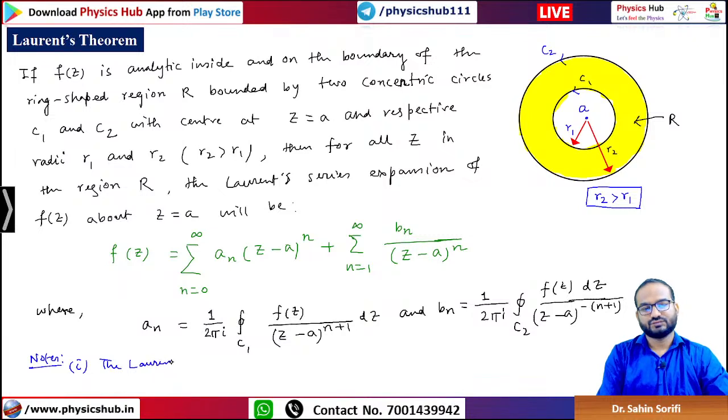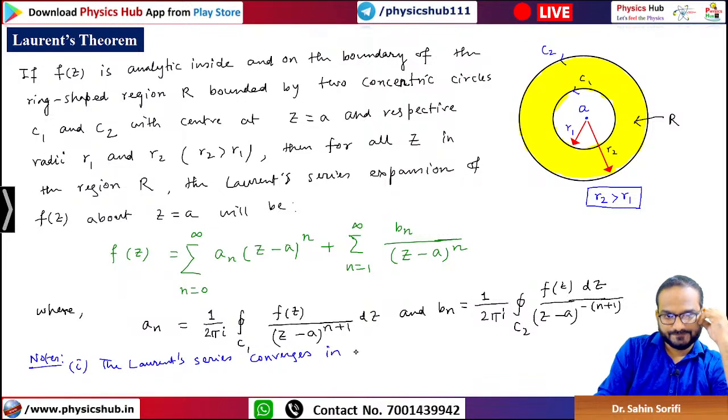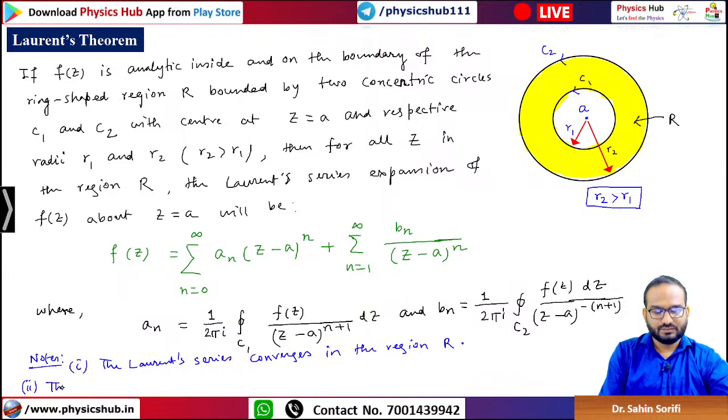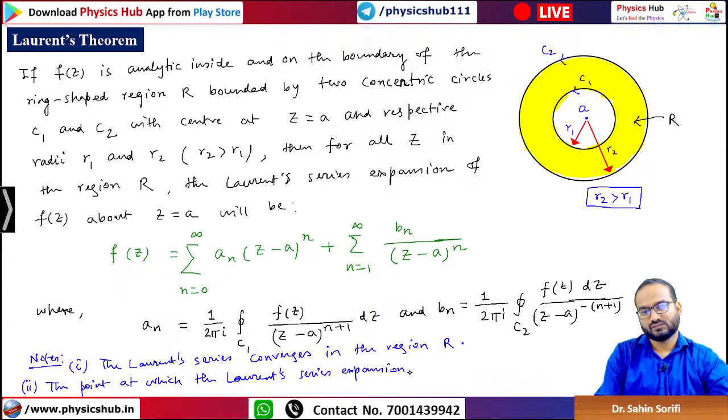The Laurent series converges in the region R. And number 2, the point at which the Laurent series expansion is carried out should be the center of the concentric circles.